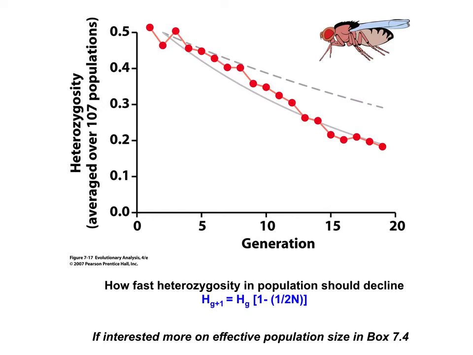So what we see is our experimental population actually decreases heterozygosity much quicker than we had predicted. And so if we were to remodel that, not based on a population size of 16 individuals or 32 alleles, but I believe 9 individuals rather than 16, that fits our data fairly well.